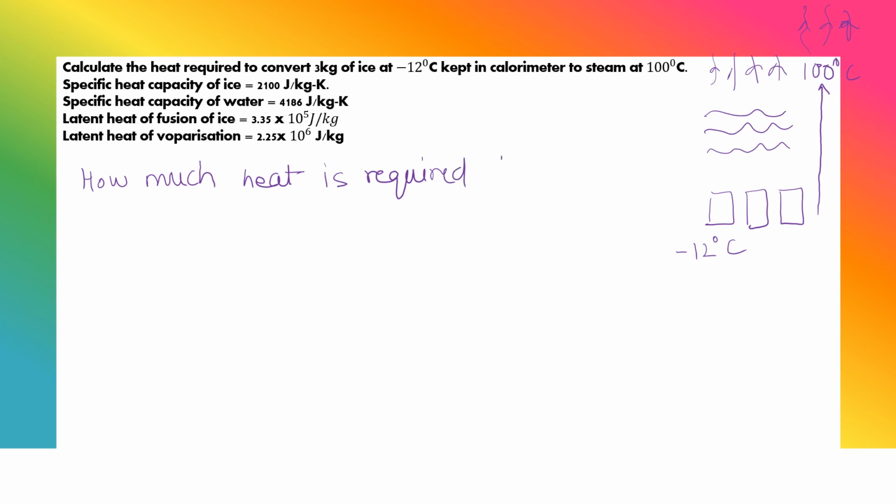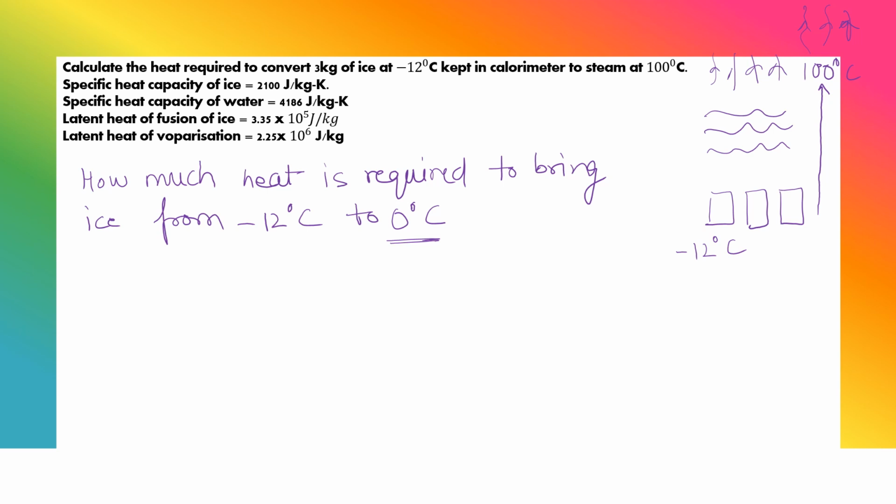first of all, to bring the ice from minus 12 degrees Celsius to 0 degrees Celsius, right? Because here we will use the concept of specific heat capacity, and when ice reaches 0 degrees Celsius, then the phase change will start, not before that.